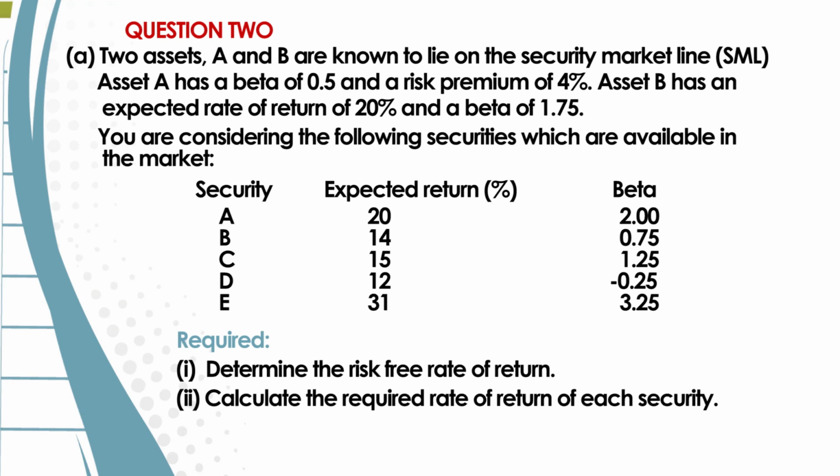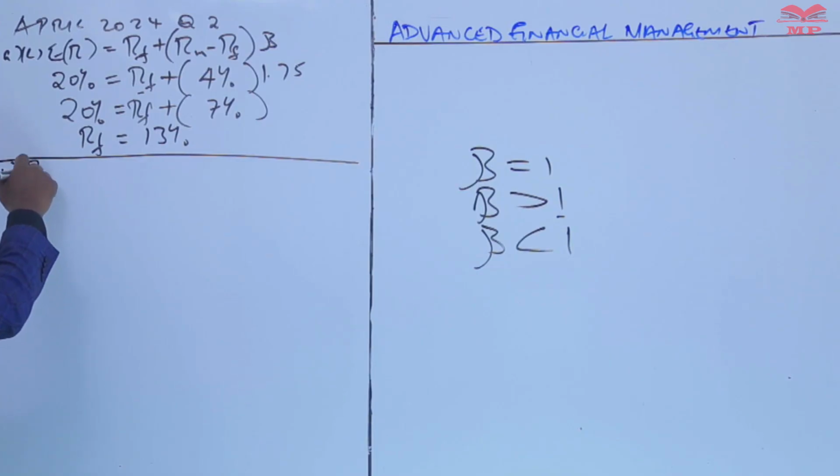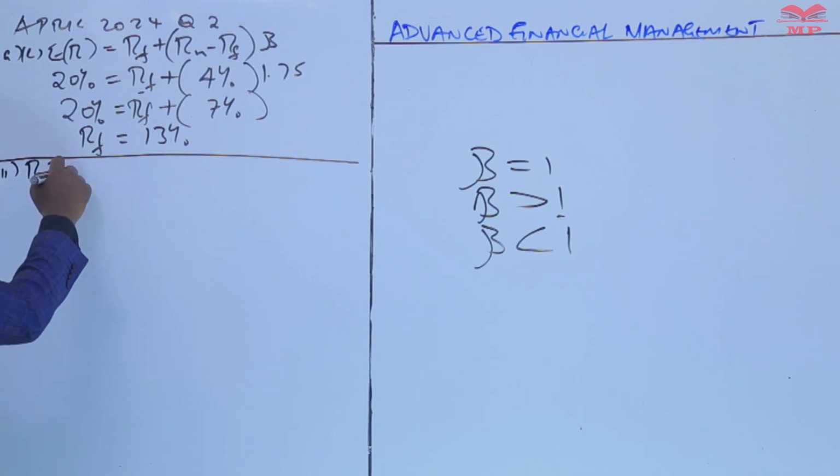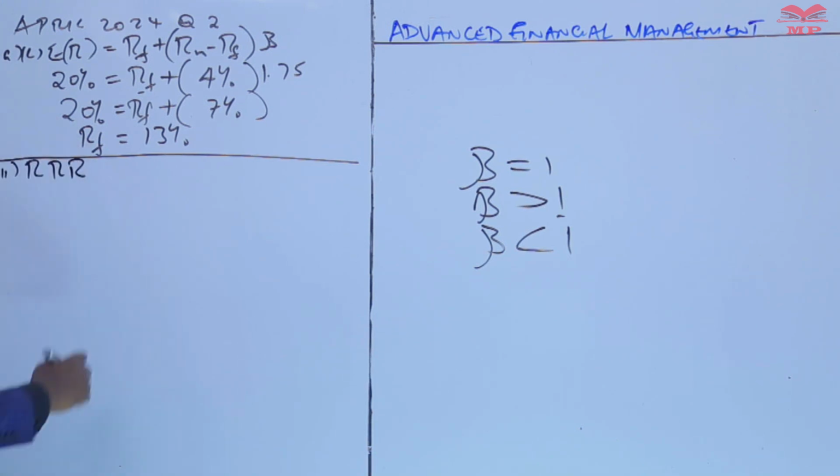In Roman 2, we are to calculate the required rate of return.